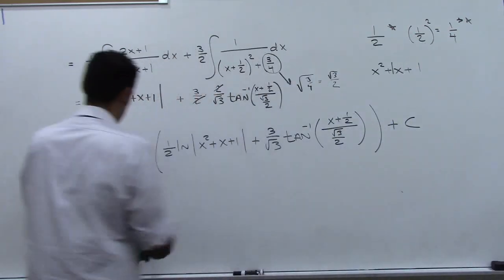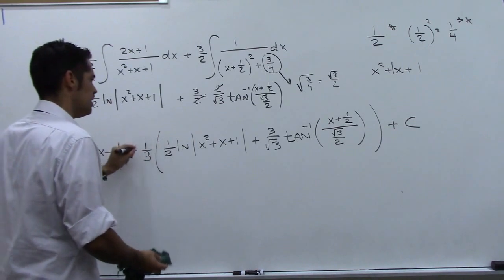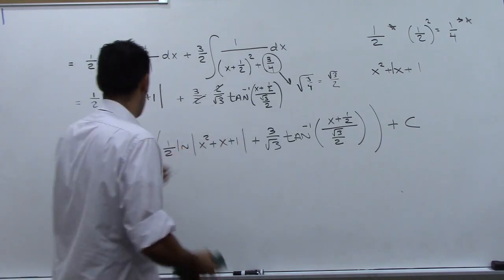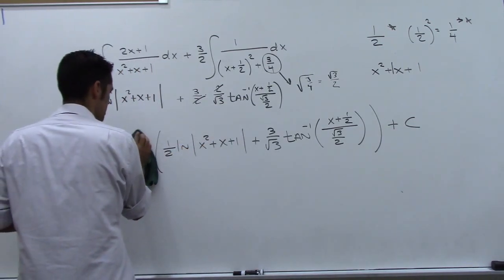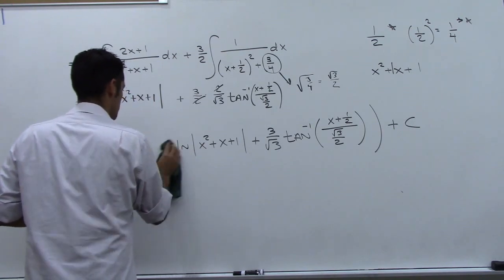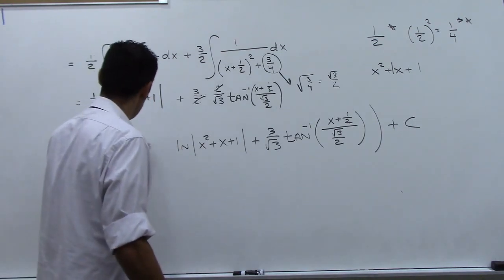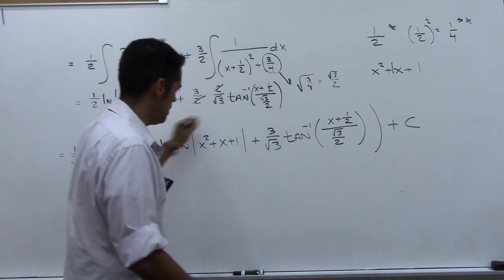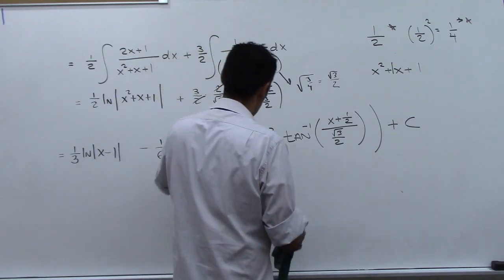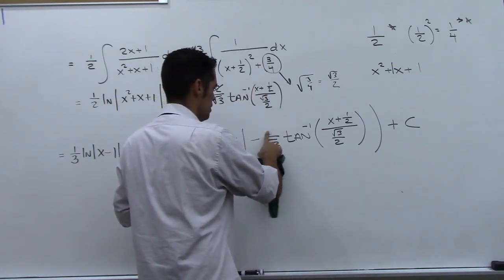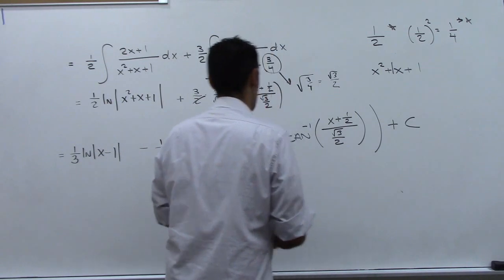When I distribute this through, we get a negative 1/6. Distribute this through and the 3's cancel, and I get negative. So this will become negative 1/6. And then here to here changes to a minus. Those 3's canceled. We should get that.